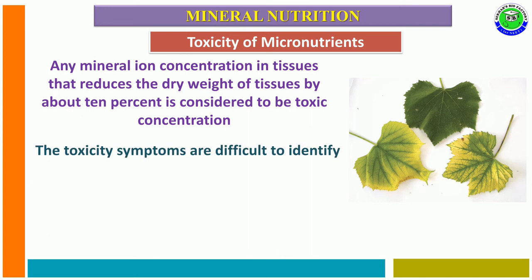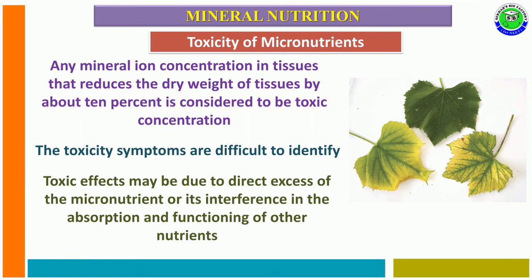These toxic symptoms are difficult to identify in the plant body because the toxic effect may be due to direct excess of the micronutrient or its interference with absorption and functioning of other elements or nutrients, so the toxicity symptoms become difficult to identify in plants.